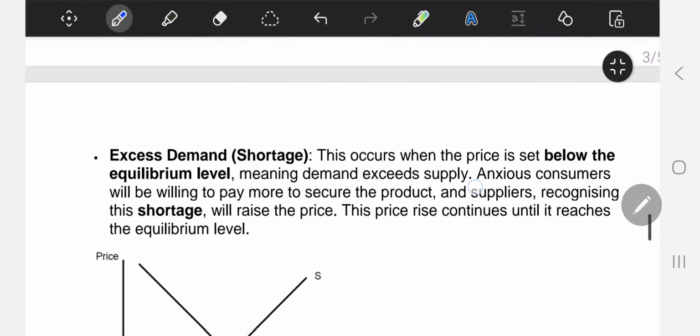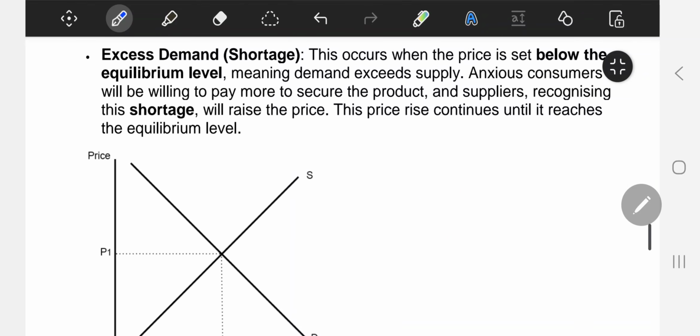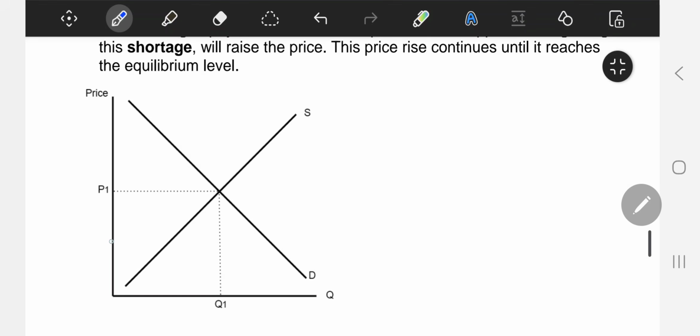All right, let's finish this. Let's say, for instance, now that we have a shortage, a situation where the price has been set below the equilibrium, and therefore the demand is more than the supply, so consumers will be buying more and suppliers will be supplying less. This creates a situation called a shortage or excess demand. Let's say the price is set at this price here, which is below the equilibrium.